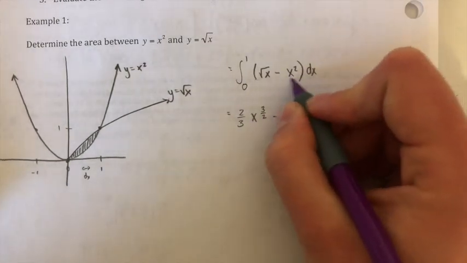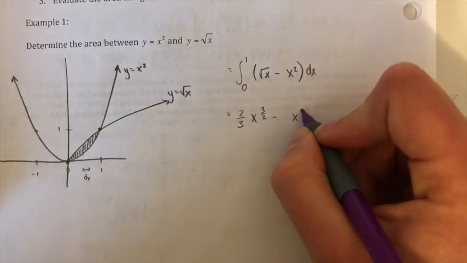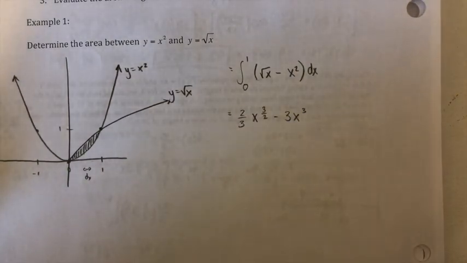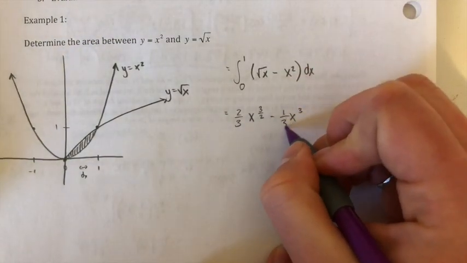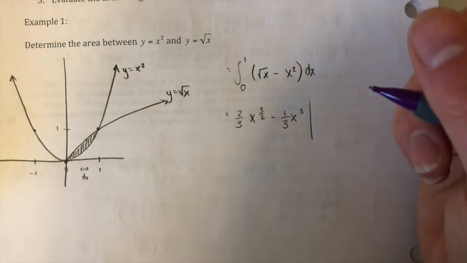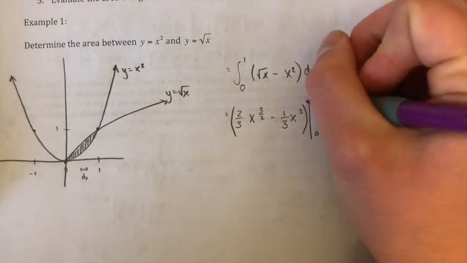And then same deal here. If it's now at an x squared, the antiderivative must have been an x cubed, and then there would have been, sorry, a 1/3, not a 3. A 1/3, that 3 would drop down and multiply with. And then we're going to evaluate all of that, put in brackets, from 0 to 1.